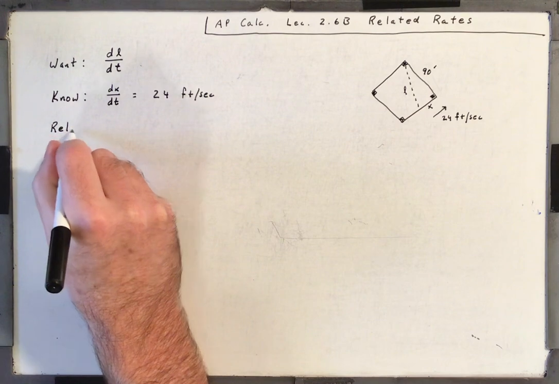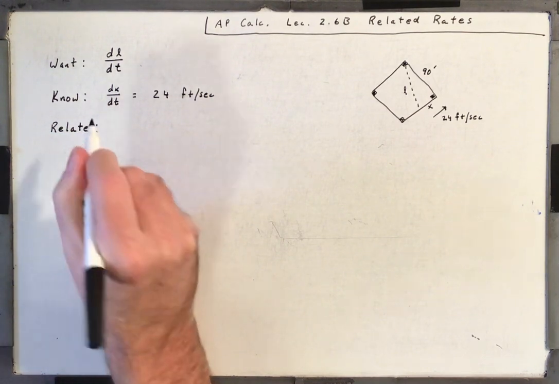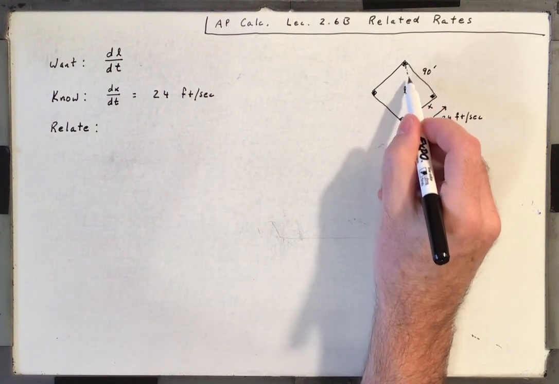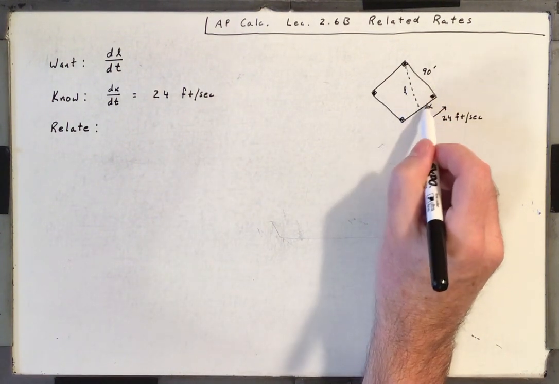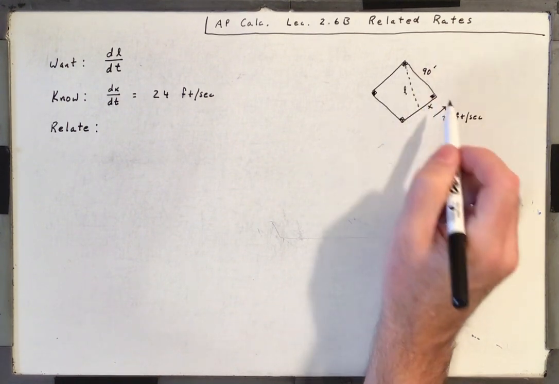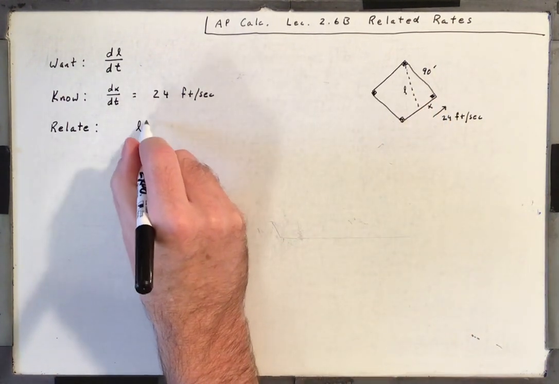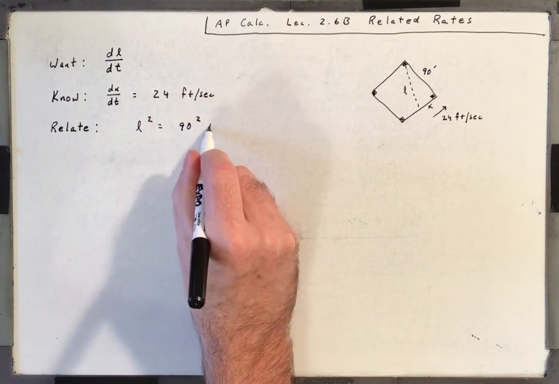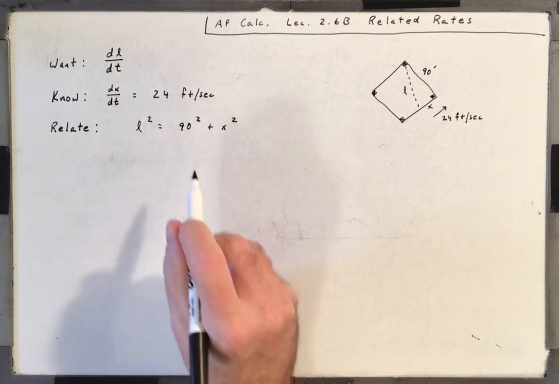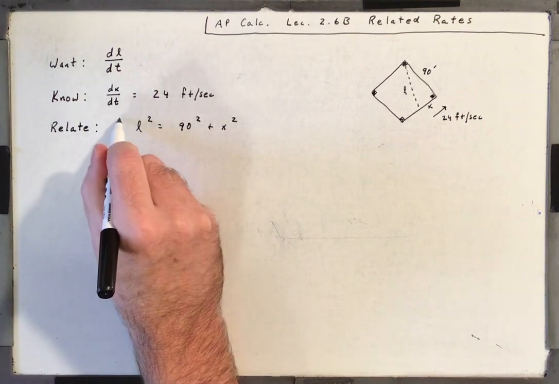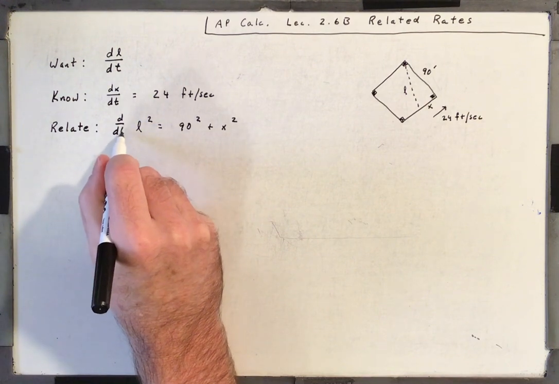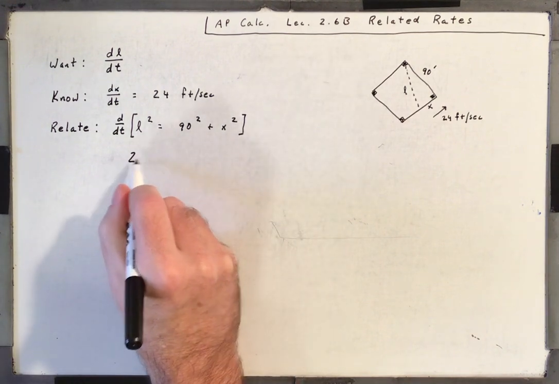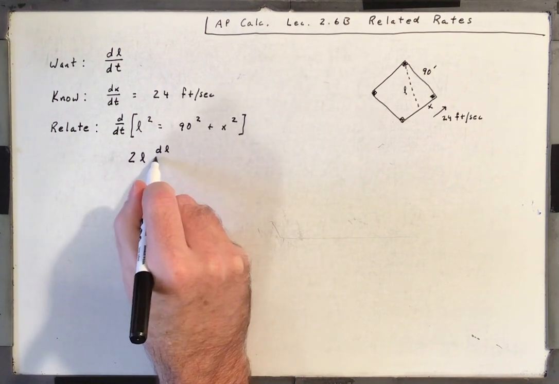Now to relate, it's usually a geometric equation. And what is this shape? Okay, the L is a hypotenuse of a right triangle here. So we would have L squared is equal to 90 squared plus x squared. And we always differentiate with respect to time. So that would be 2L dL/dt.